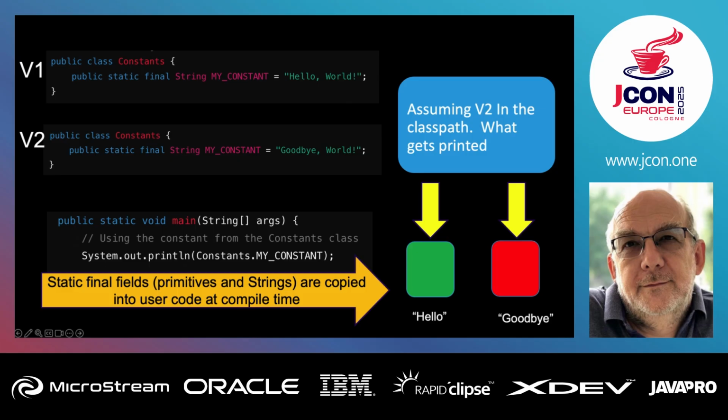Why? Because the compiler will inline the value of those constants. If they're primitives or strings, the compiler will inline them. So if you use strings like this to signal information, assuming that if you change the version it'll all work happily, it doesn't, because that System.out.println of Constants.myConstant isn't actually what the code does.